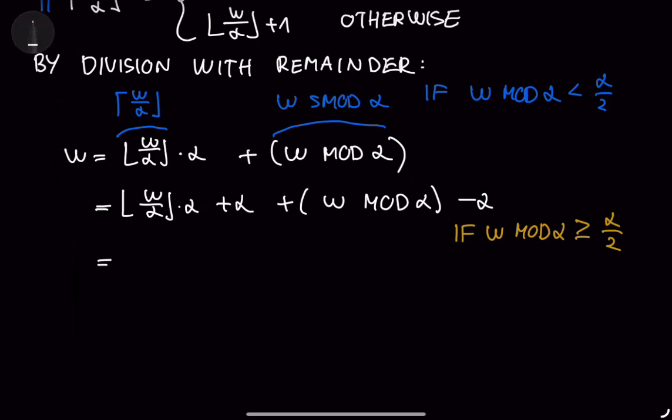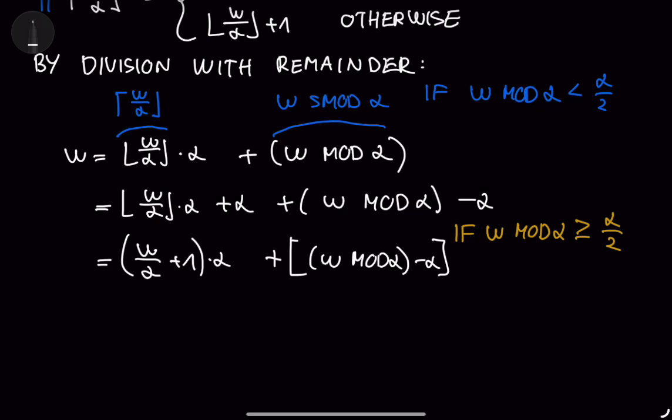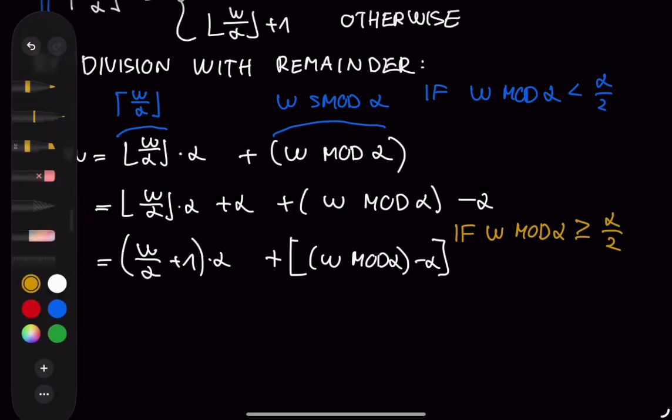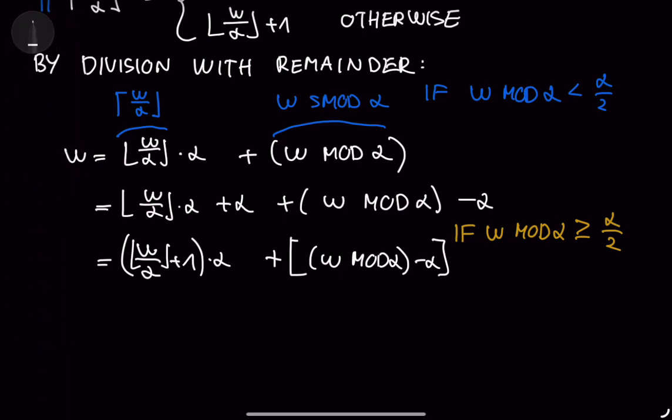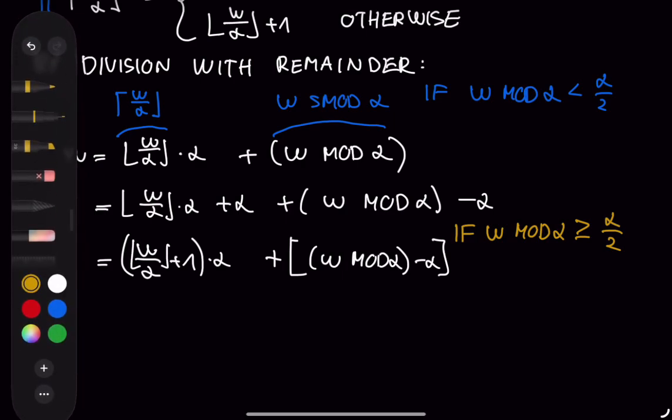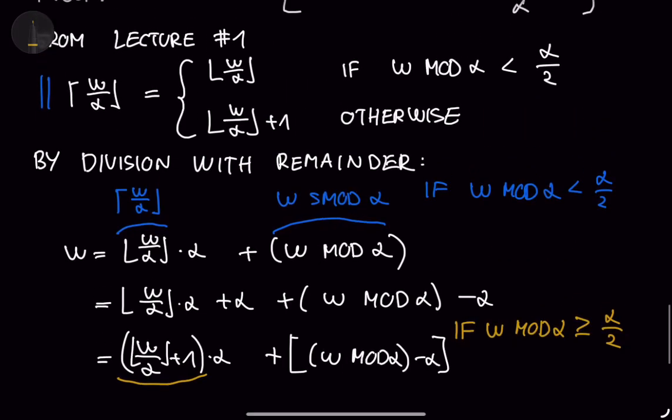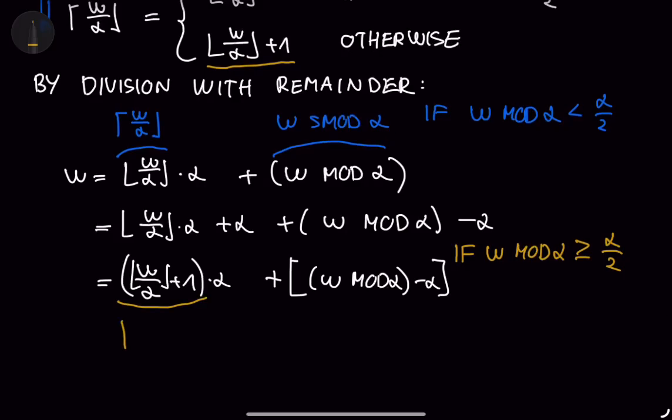I just put the alpha into this bracket, so make another bracket around this. And in the yellow case, according to the equation here, we get also the rounding.